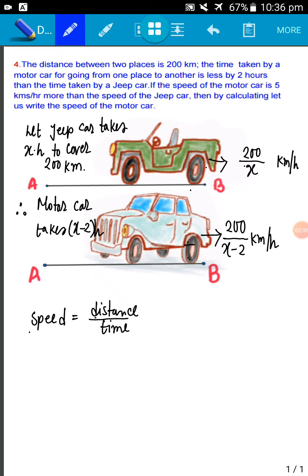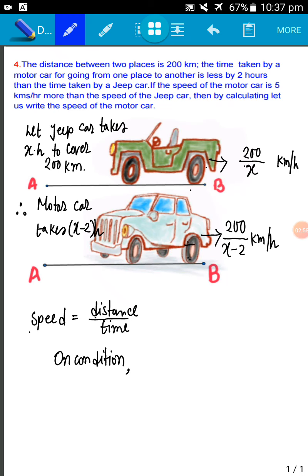Now it is given that the speed of the motor car is 5 km per hour more, meaning the speed of the motor car is more by 5 km per hour. So we have to write this condition. I think you all have got that speed.